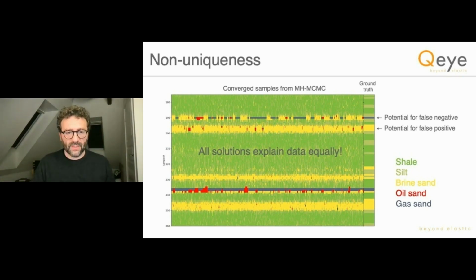More later on how we actually generate these solutions. The figure clearly demonstrates the classic problem that a thin gas can look like a slightly thicker oil sand or a thick brine sand, which could lead to false positives and or missed opportunities, as indicated by the arrows.